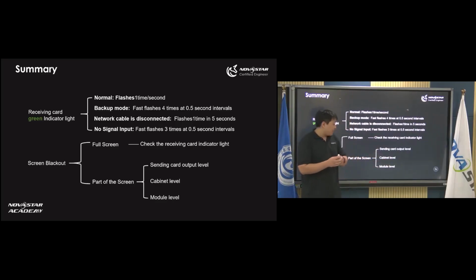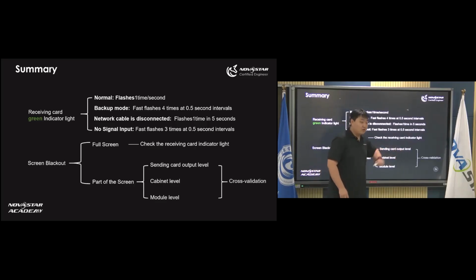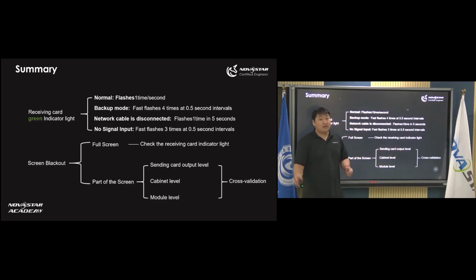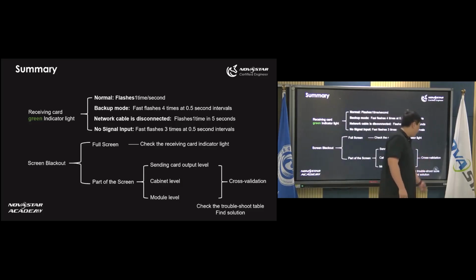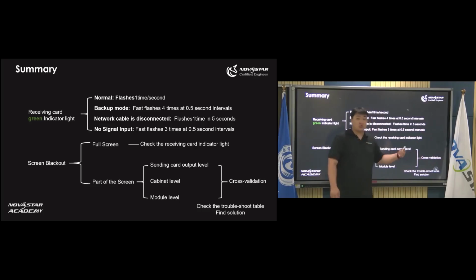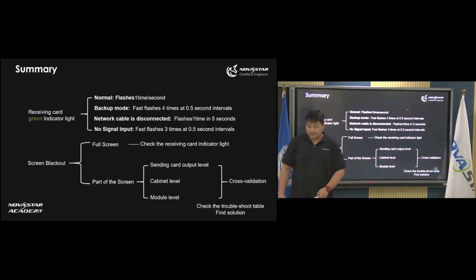We have to check the sending card output level and cabinet level. Maybe the cabinet PSU, power supply unit, has crashed or is broken, or at the module level, the module has crashed. So we do the cross addition, and we can check the troubleshooting table and the solution. All right, here is the summary of the troubleshooting.